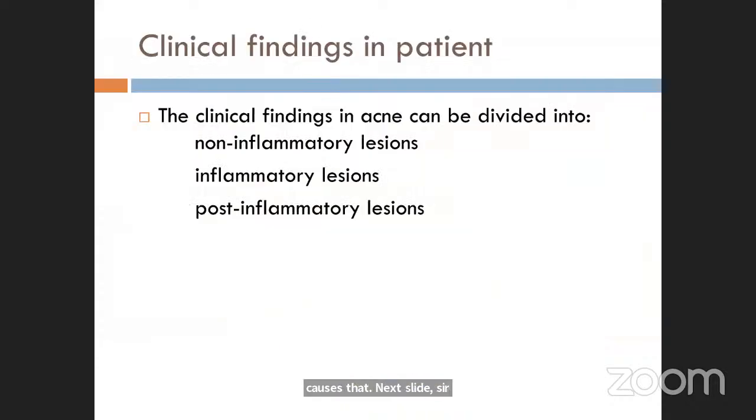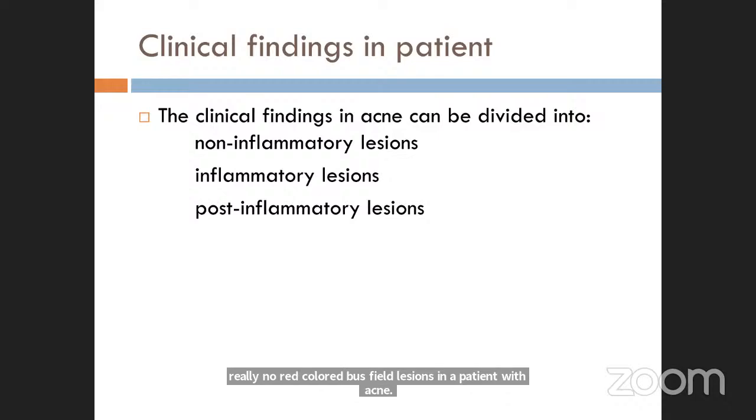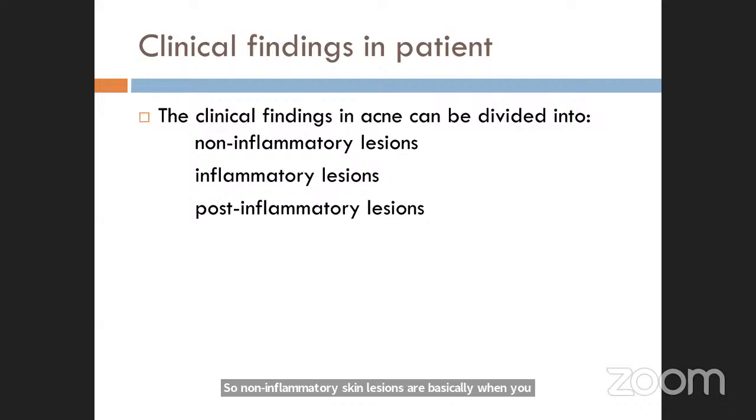So what do these 4 factors finally portray on the skin? What we see in a patient with acne are basically 3 kinds of skin lesions. First is the non-inflammatory skin lesion, where you see really no red colored pus-filled lesions. Non-inflammatory skin lesions are basically your whiteheads and blackheads.